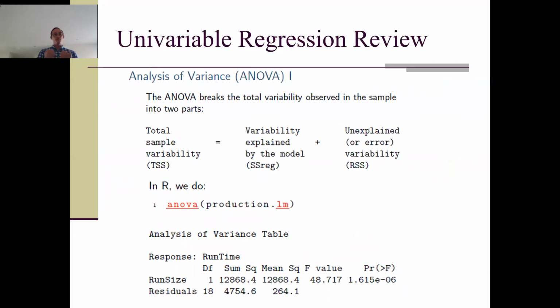A little bit of a step back to what an ANOVA is. We have our total sample variability, which is explained by the variability explained by the model, plus the unexplained variability, which is our error, the unknown, the components that are controlling our sample variability, but that we don't understand.